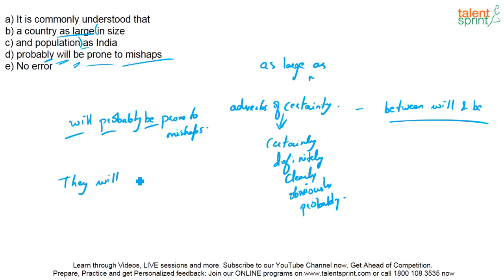They will probably be late. So this is something that you need to look up. The error is in part D. You interchange the placement of probably. This is another one that you can probably overlook, but it is important for you to look up these sort of errors as well. Where do you place the adverbs? You could possibly get errors pertaining to this as well, so keep this in mind.